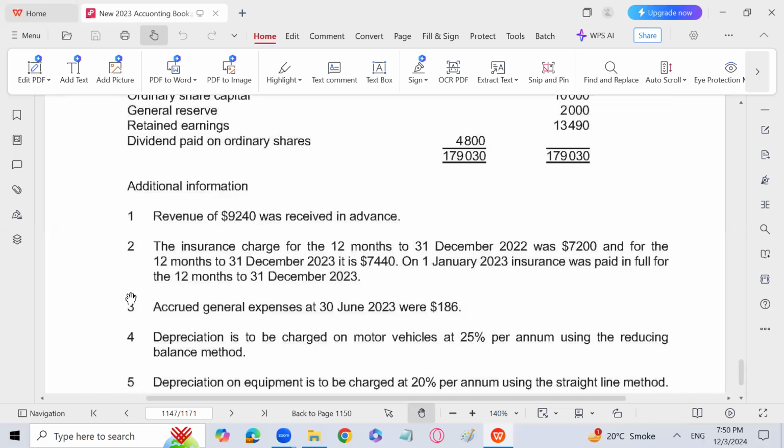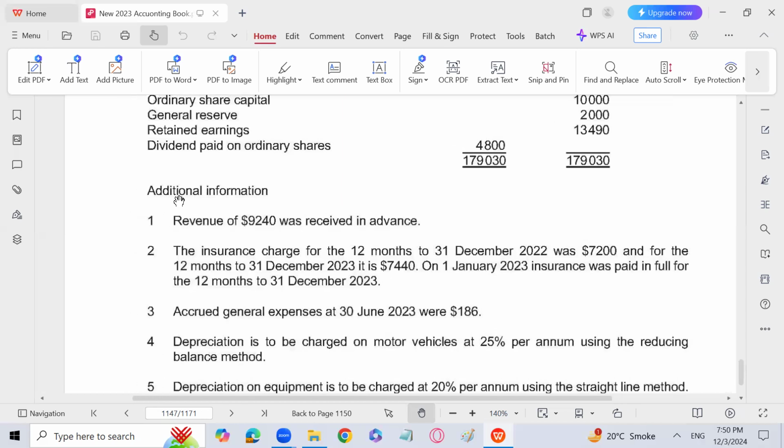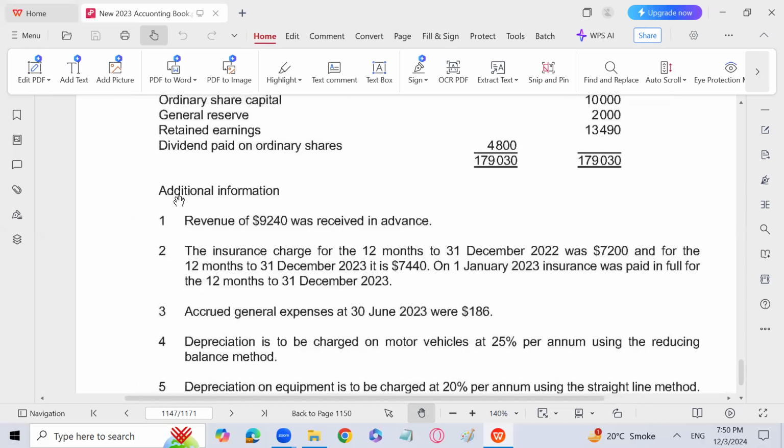So insurance for the 12 months to 31st December 2022 was 7,200. It means that 6 months of this 7,200, which is for 12 months, falls in our financial year, because our financial year starts on 1st July 2022 and ends on 30th June 2023.